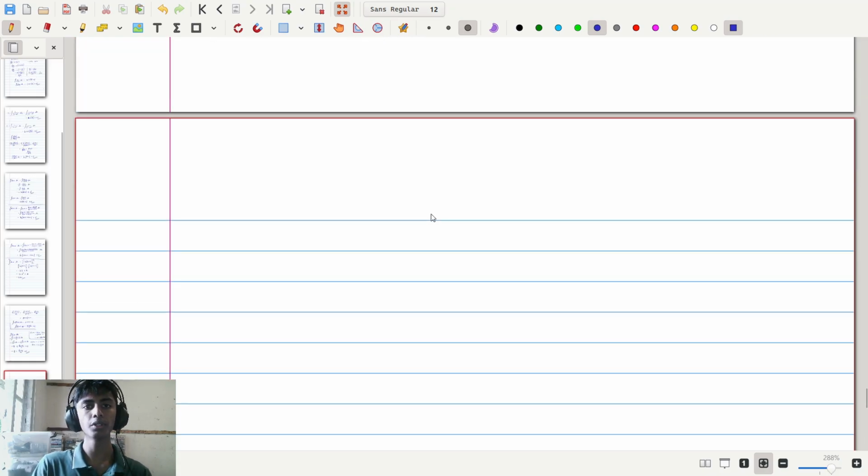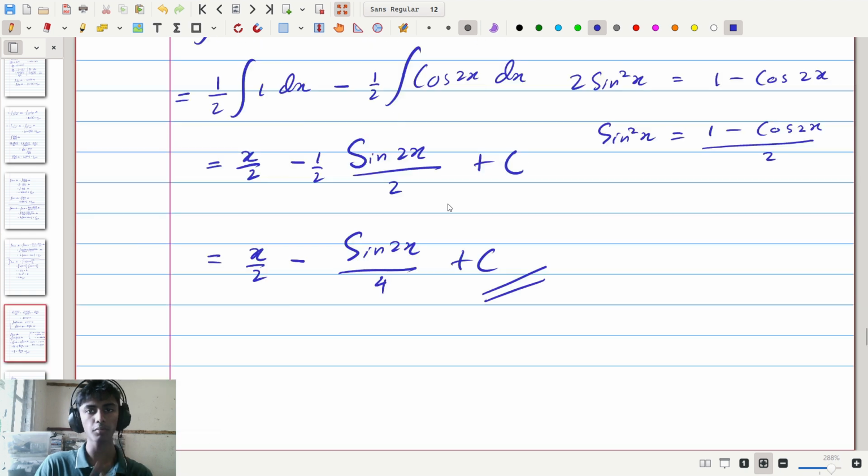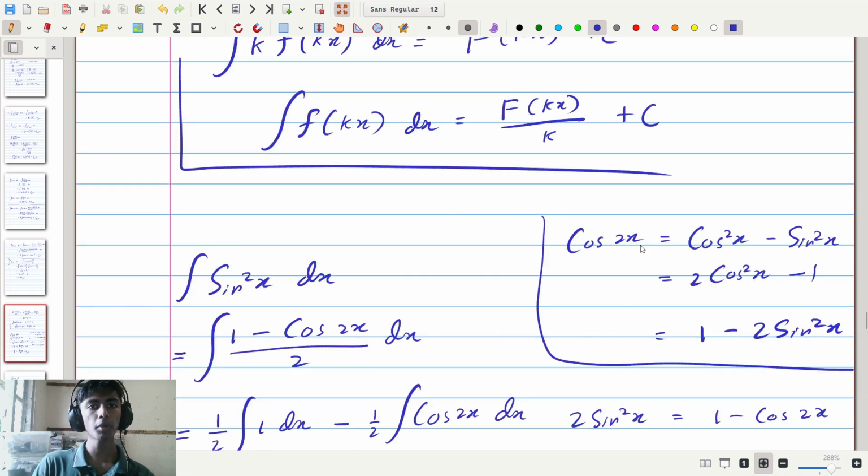Let's now go on to try and find the integral of the cosine² of x. The integral of the cosine² of x can be found with a similar method to how we found the integral of the sin² of x, by simply using our identity from above. From above, we know that the cosine of 2x is equal to 2 times the cosine² of x minus 1. Rearranging, we can see that 2 times the cosine² of x is going to be 1 plus the cosine of 2x.